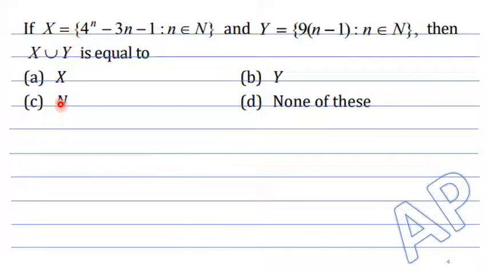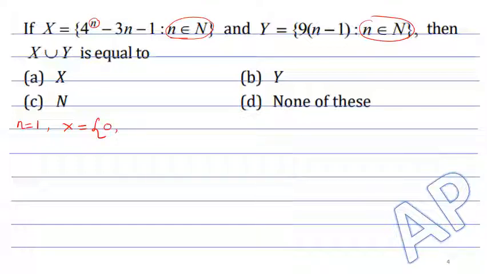So to find out what x is, here n is a natural number, that is n belongs to N in both the cases. So it is easy for us to proceed. First I take n is equal to 1. Then set x is equal to, look here, if I give 1 for n, I have 4 minus 3 minus 1, which will be 0 here.